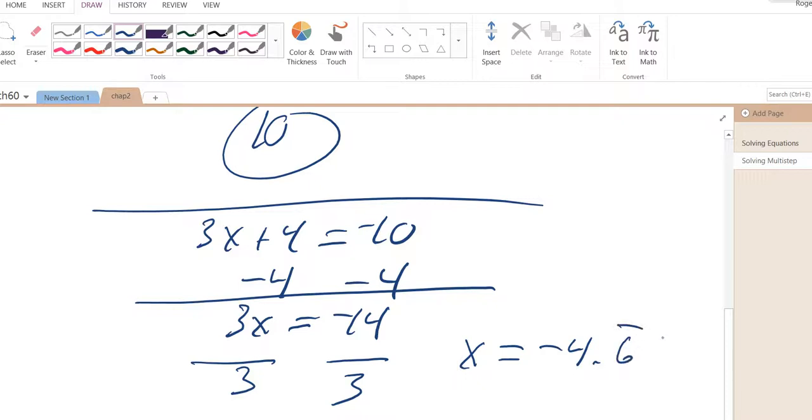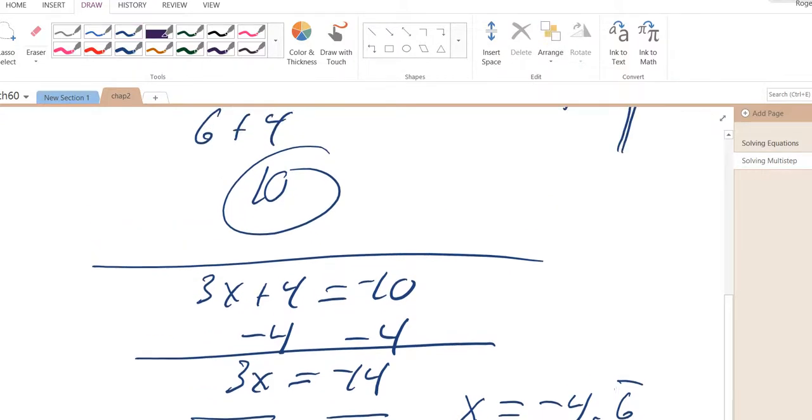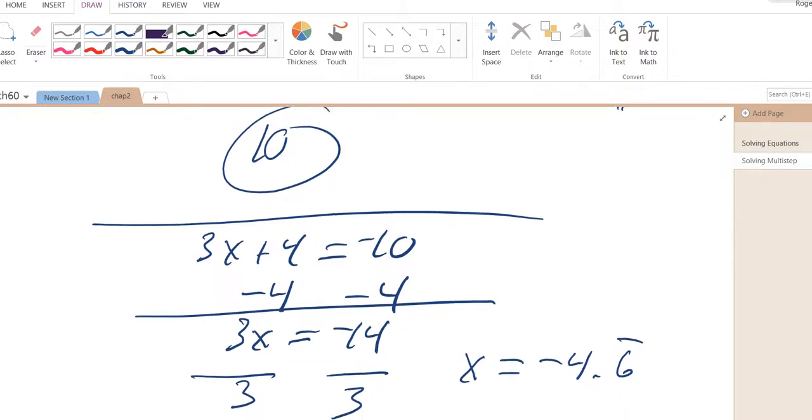All right. So we are unwrapping it, right? We're going to do the exact opposite as we would if we were to wrap the present. We're going to unwrap the present because we don't know what's inside the box. So we're going to subtract 4, divide by 3. All right, that's how you solve a two-step equation.